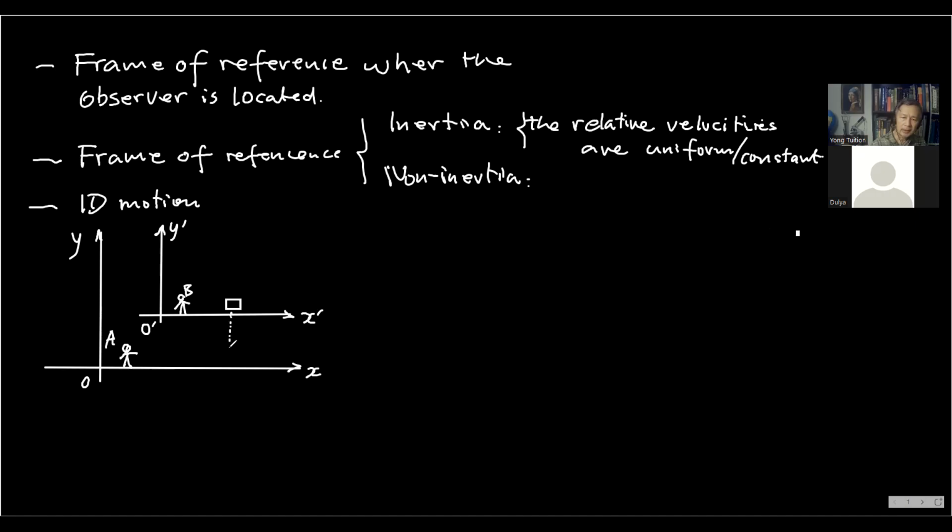Can we call this frame A? Oh, by the way, the frame is moving. So the frame is moving at a constant velocity relative to A. So this is the velocity.